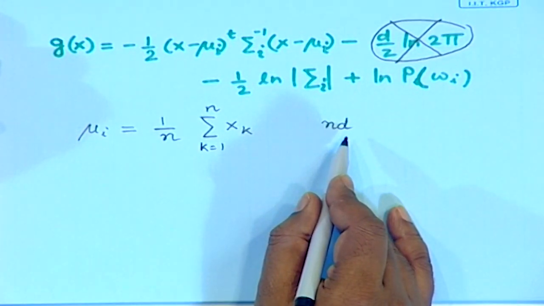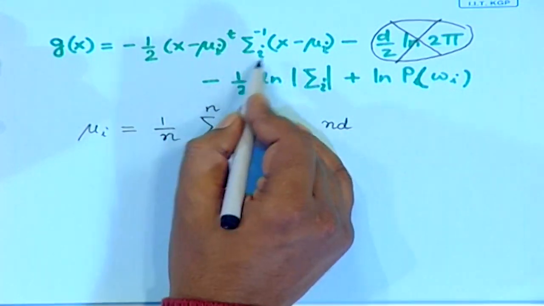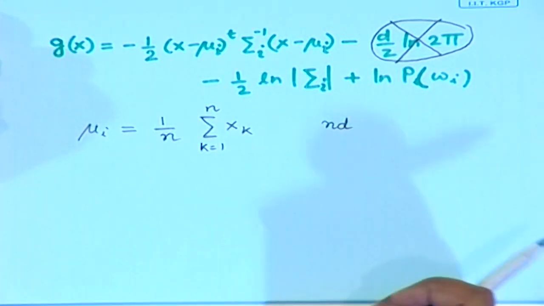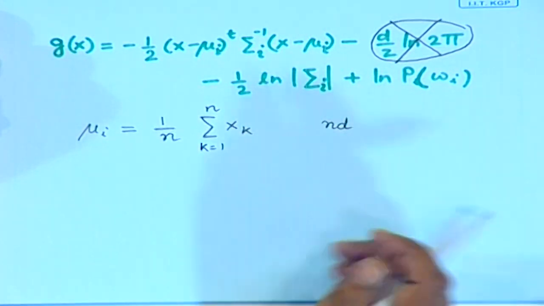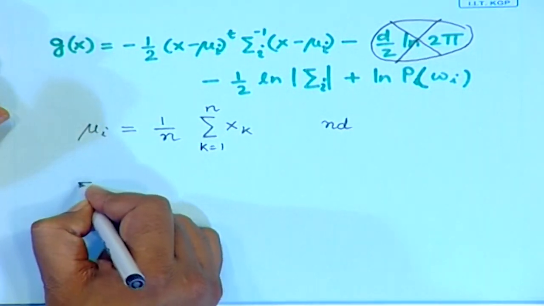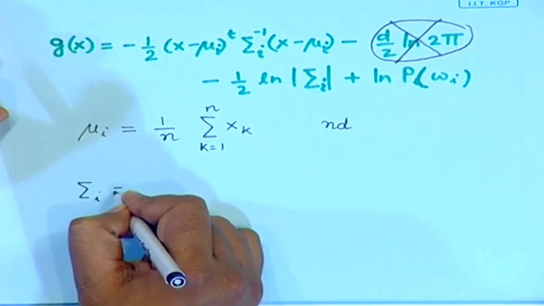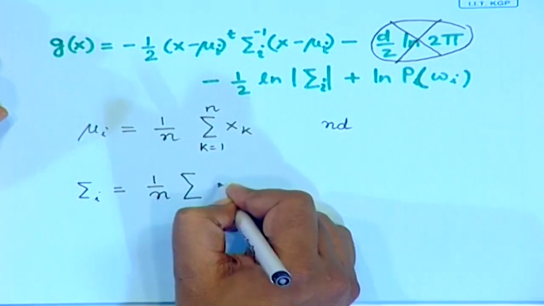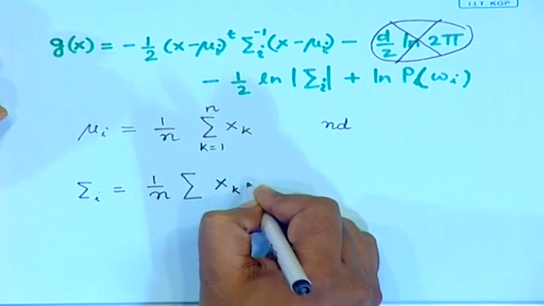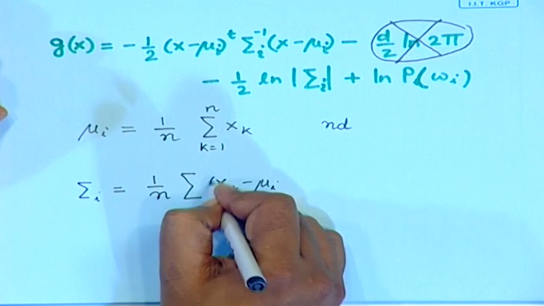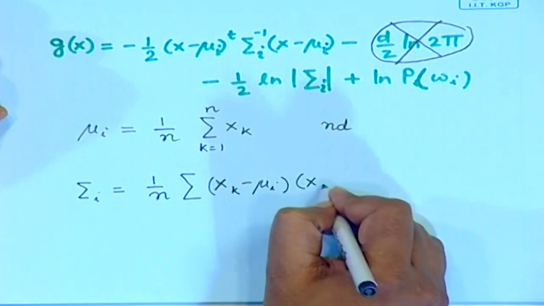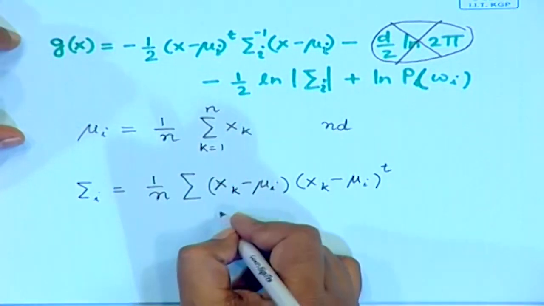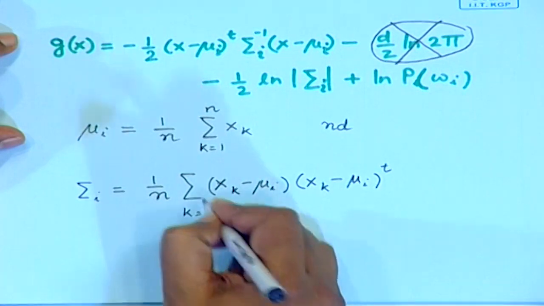Now coming to the other term, the computation of sigma i or sigma i inverse. The definition of sigma i was 1 over n into the summation of (x k minus mu i) into (x k minus mu i) transpose, where k varies from 1 to n.